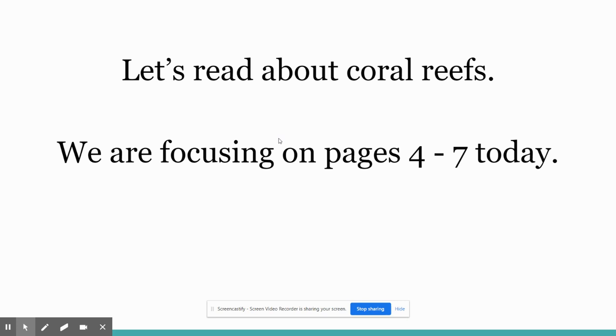Bottom caption. These feathery polyps form branches. And so far, scholars, on page 5, we heard that one type of coral is called hard or stony. So that's our first kind of coral.